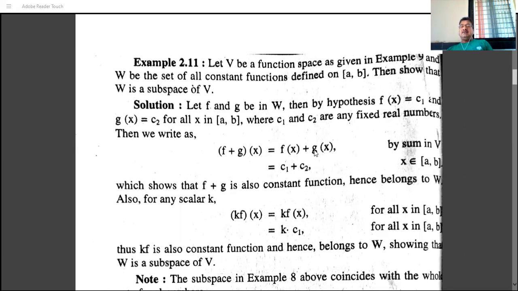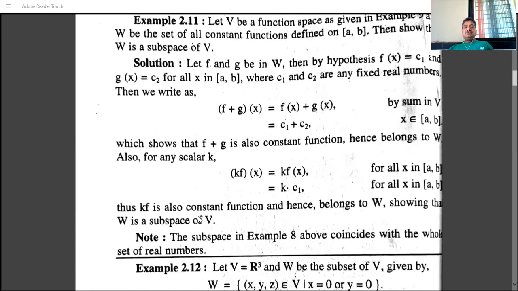X is any element of this closed interval, and therefore f + g is also a constant function. Hence f + g belongs to W because it is a constant function. Therefore f + g belongs to W for all f and g belongs to W.